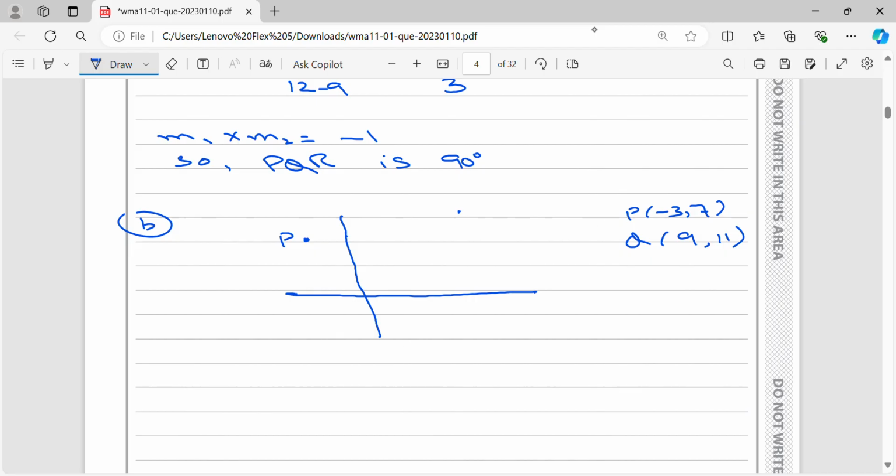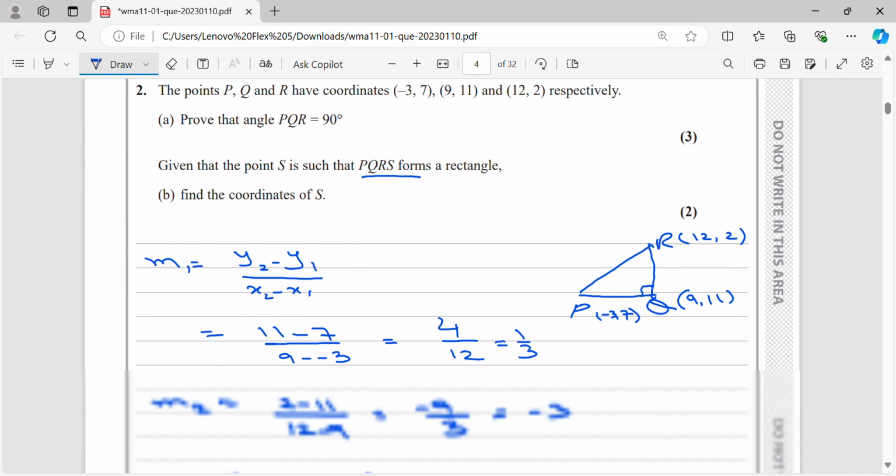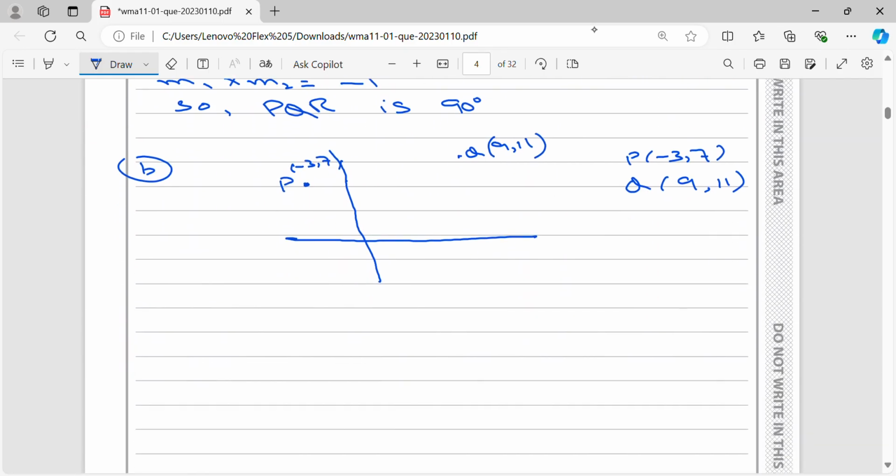So this is Q. R is (12, 2), so 12 somewhere here and 2 a little up. So let's say R is here.